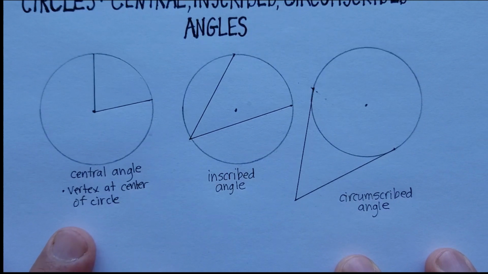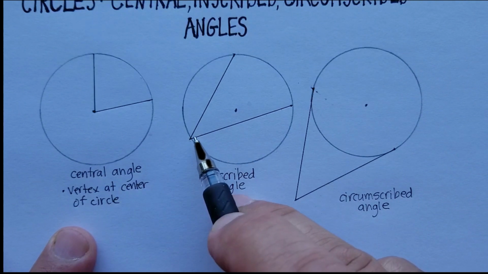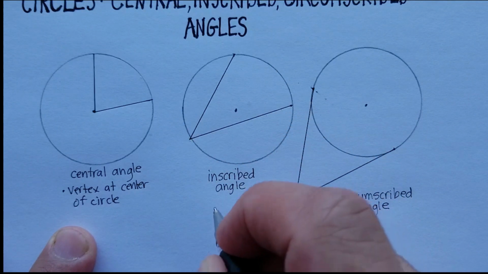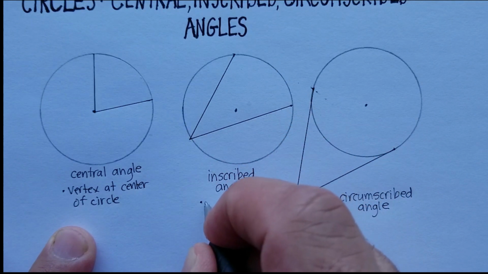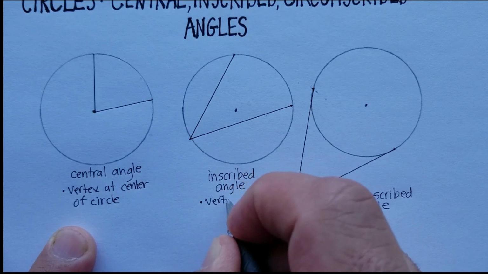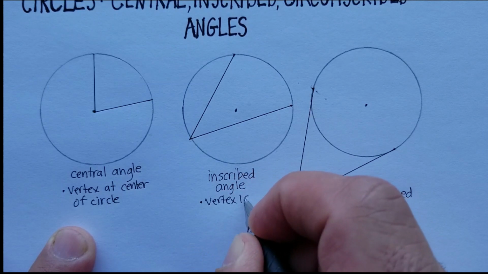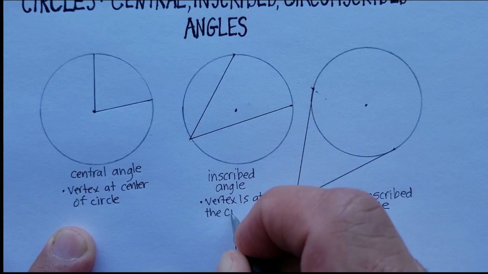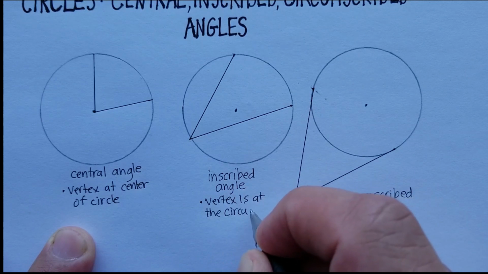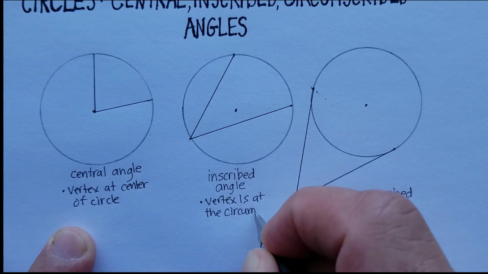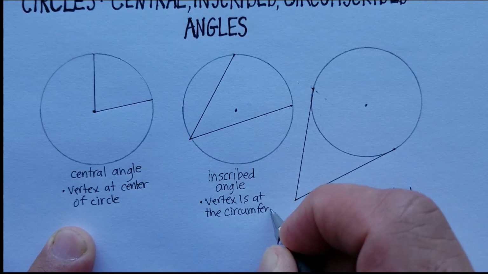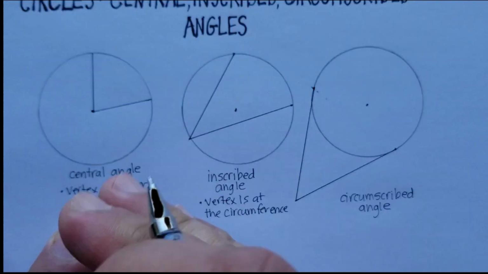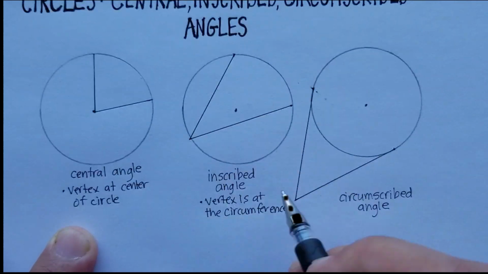Now that really is the defining feature of a central angle as compared to the other two types, because for an inscribed angle, the vertex is actually on the circumference of the circle. So let's just put that down there. Vertex is at the circumference, or the outside edge, or the perimeter, although we usually use perimeter for hard-sided figures, but for circles we call it a circumference.